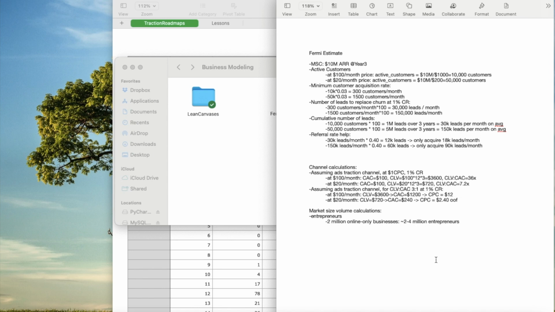Okay, so in the article that I wrote, I describe how to go through this process, and this is specifically for autonomous self. So first you define your minimum success criteria, which is basically at year 3. So if you suppose that PMF, product market fit, occurs at year 2, and a year later the unit economics is fairly understood and the business is predictable, how much do you want to be making?